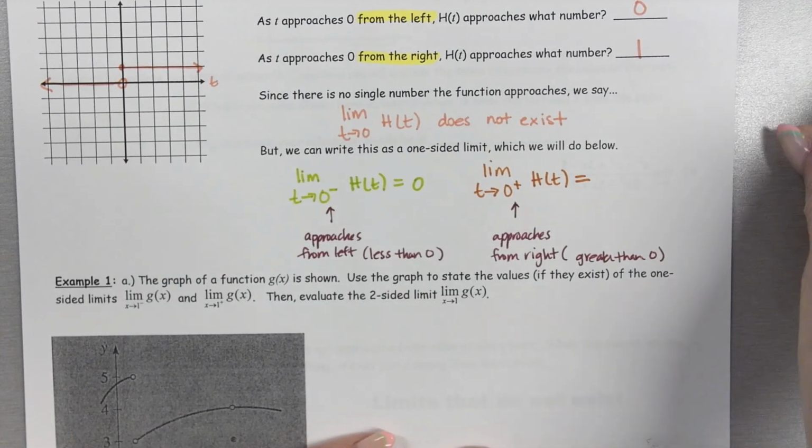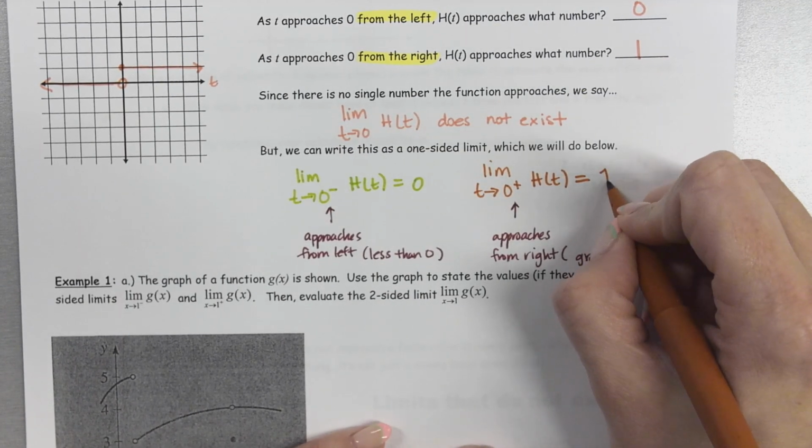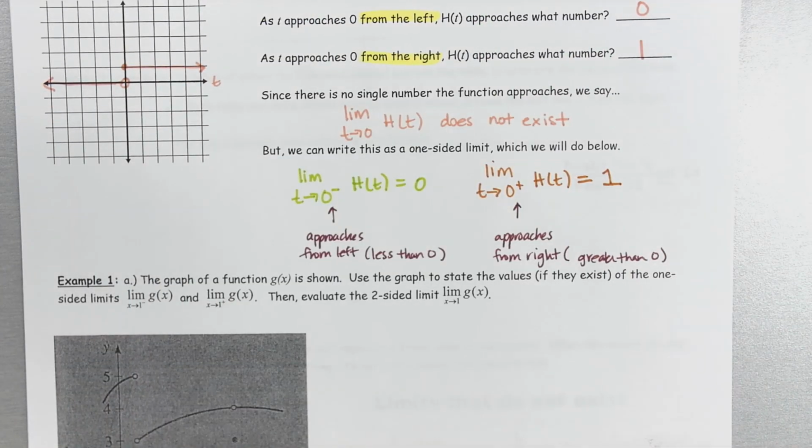Okay, and then that's going to be equal to 1, which is what we found above there. Okay, so we don't have to do a two-sided limit. If you have the little symbol there, the negative, that means it's from the left. If you have the little symbol with the plus, that means it's from the right. Okay, and you can do a one-sided limit.